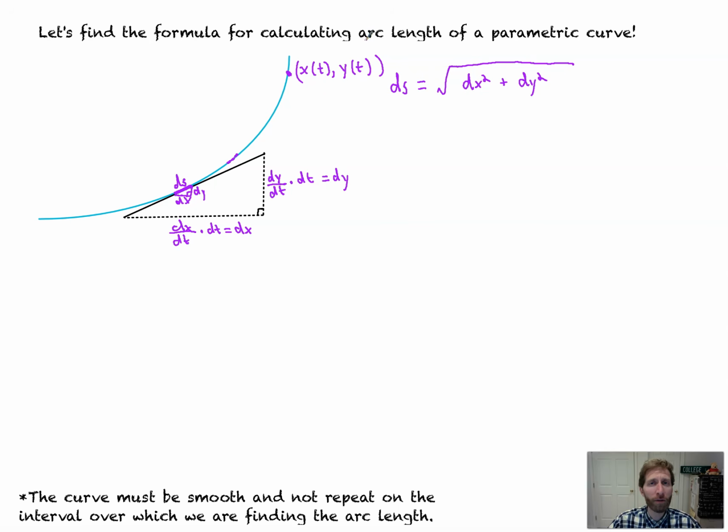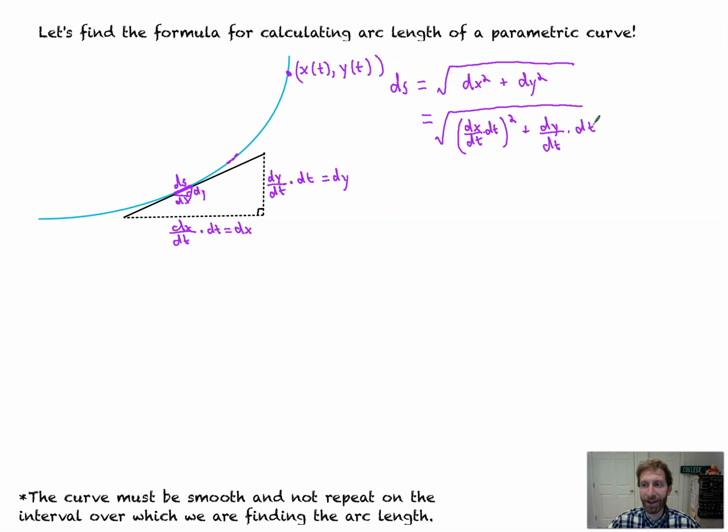Well, let's go a little bit further. Before I integrate this, I want this to be in terms of time. And as we saw here, each of these can be written as such. It could be dx/dt times dt, that gives you dx, we square that, plus dy/dt times dt, squared, all under the square root.